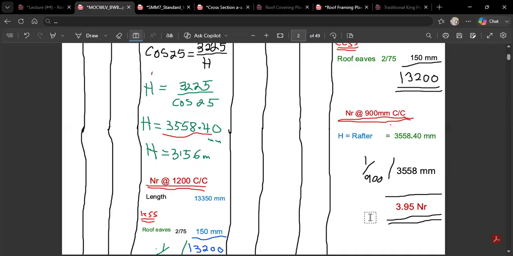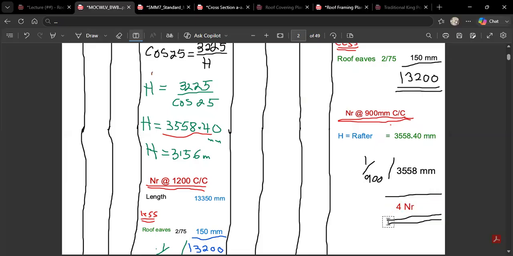But we have to add 1 for wastage. So I write this as a whole number: 4.00. But for numbers, you can't write it in decimals, so I'm going to write 4 number.